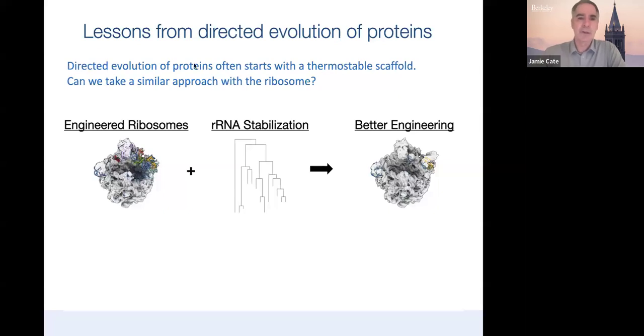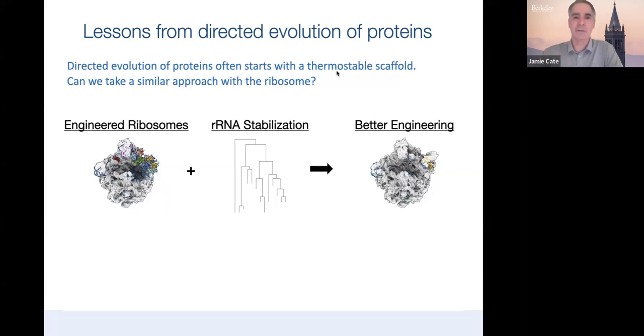When you start making mutations to get this new activity, often it will decrease the stability of the protein. So you want to start with a thermostable protein, because if you started with one that works at 80 Celsius, after doing all the mutations, it might work fine at 37 degrees, or body temperature.